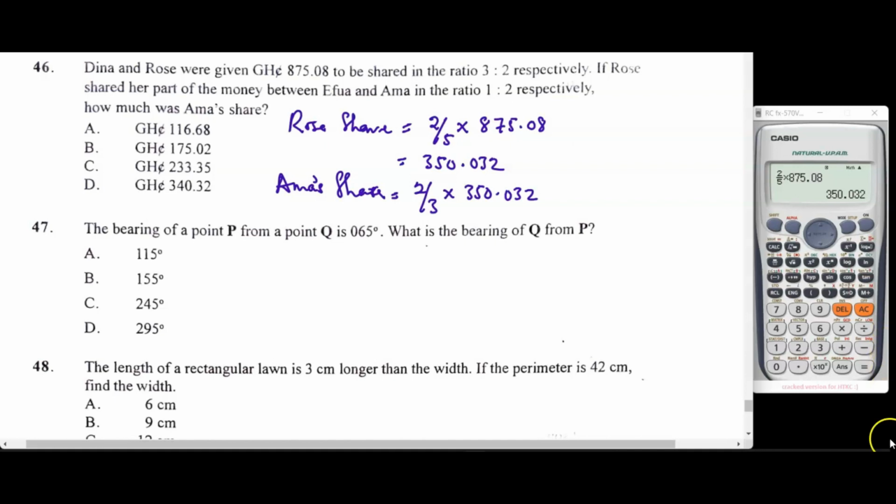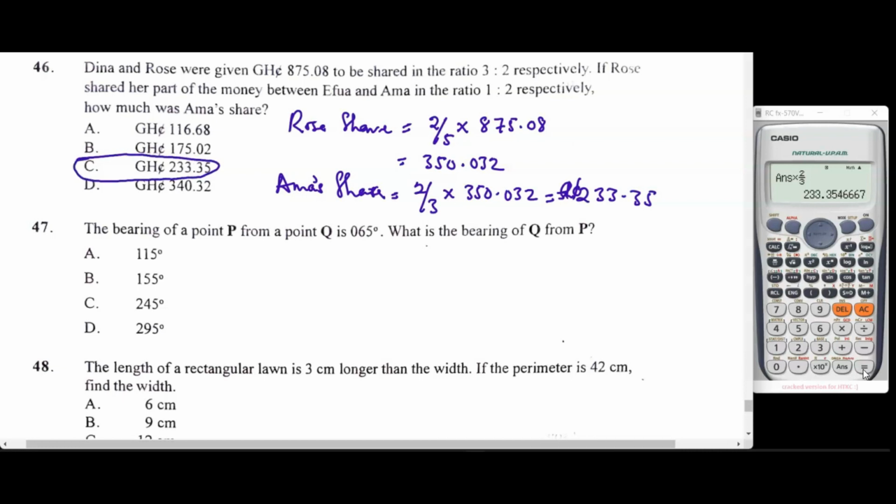So let's multiply this value by the fraction 2 on 3, and that leaves us an answer of 233.35 Ghana cedis. So that is actually possible answer C.